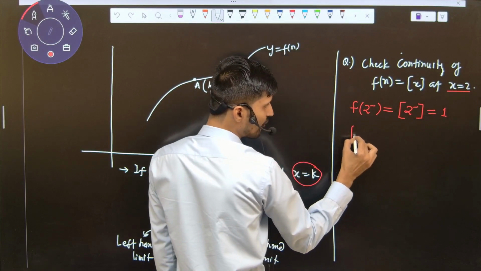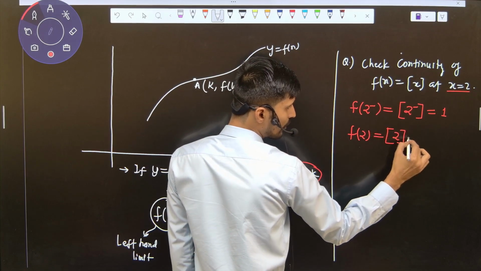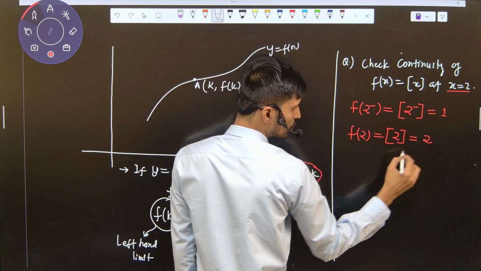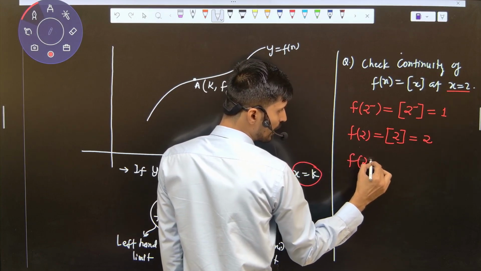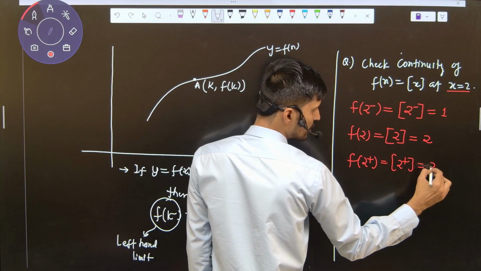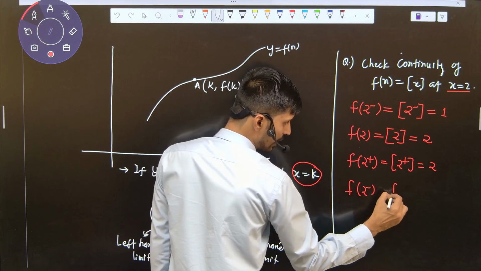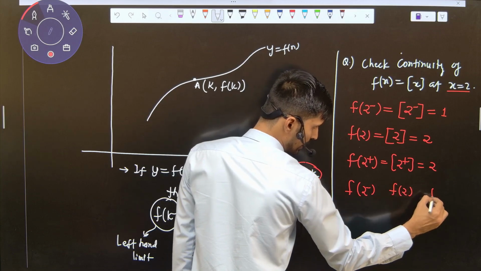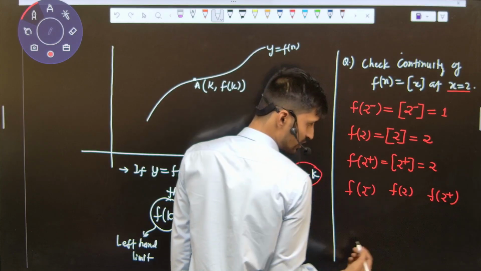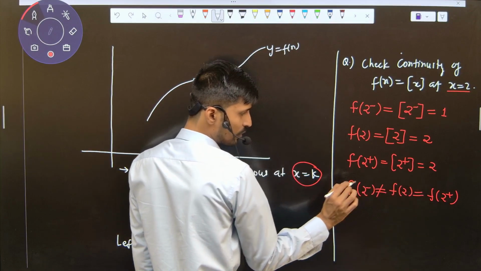Now you'll find f of 2. What will be the greatest integer of 2? 2. And if I say 2 plus, what will be the greatest integer of 2 plus? 2. Now you tell me, f of 2 minus, f of 2 and f of 2 plus, all three are not equal. This f of 2 minus is not equal.